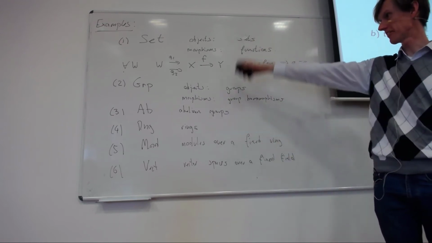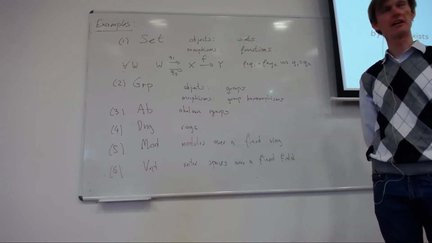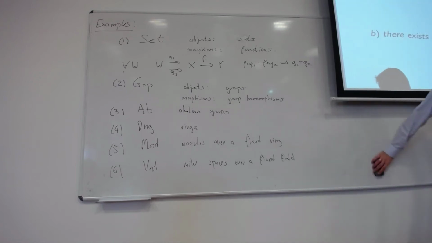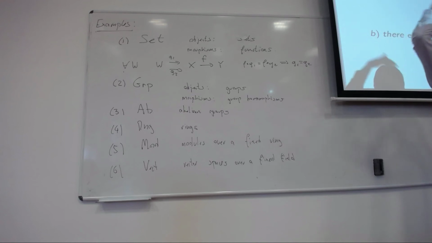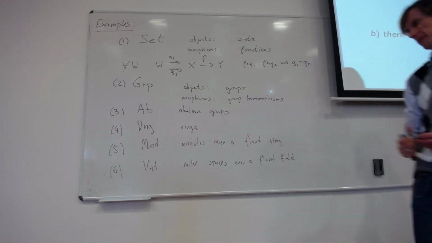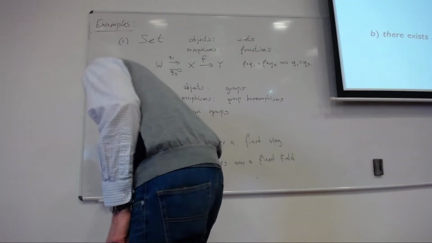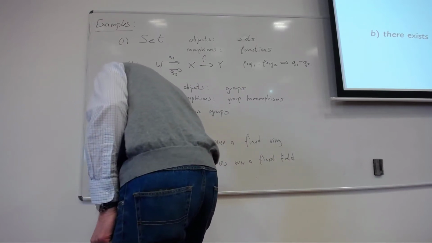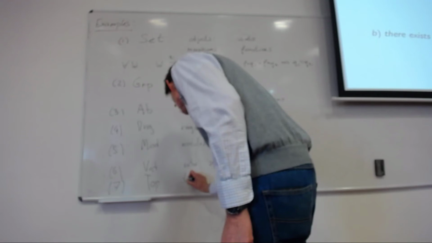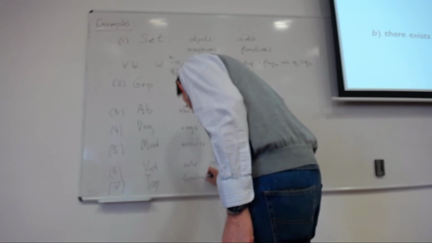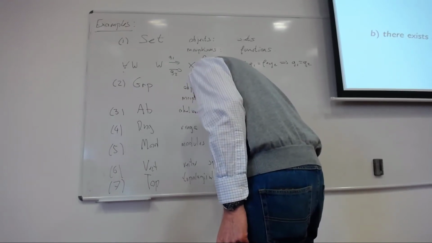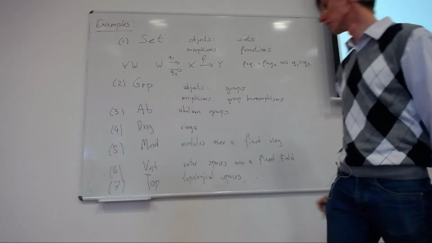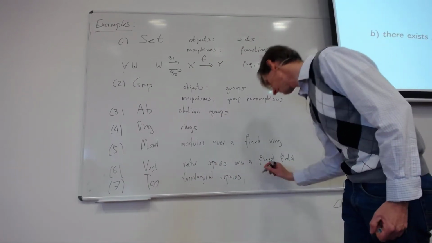Well, it just happens so that all those examples that I listed here are somehow connected to algebra. The reason being that I mostly work in algebra, but of course that's not the case at all. You know, the category Top of all topological spaces with morphisms being just continuous maps.